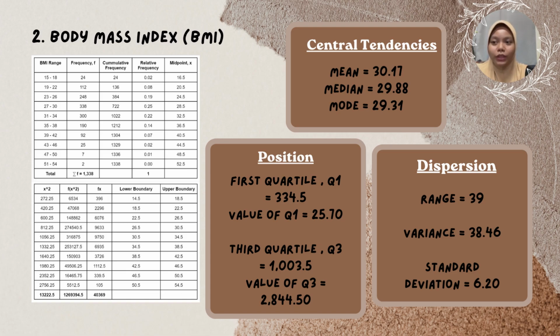Our third quartile Q3 is 1003.5 and the value of third quartile is 2844.5. For measure of dispersion, our range is 39, variance is 38.46 and the standard deviation is 6.2.